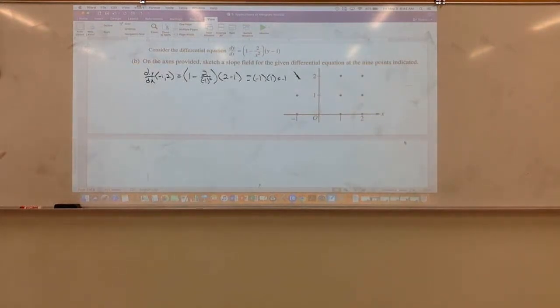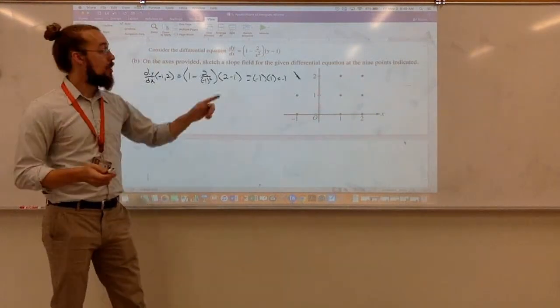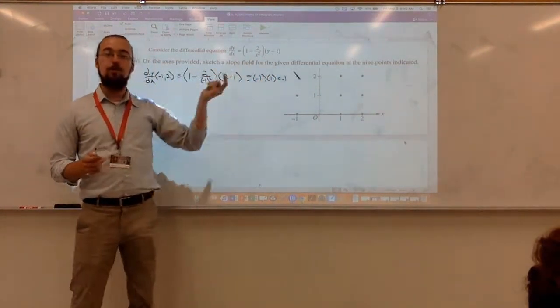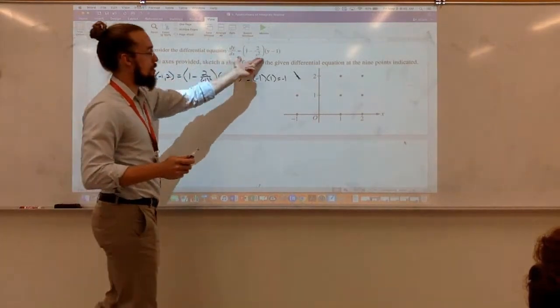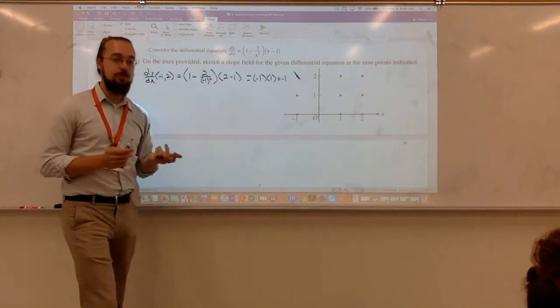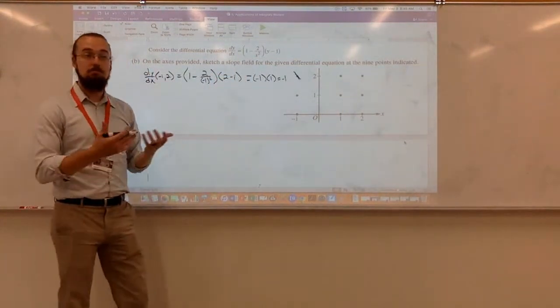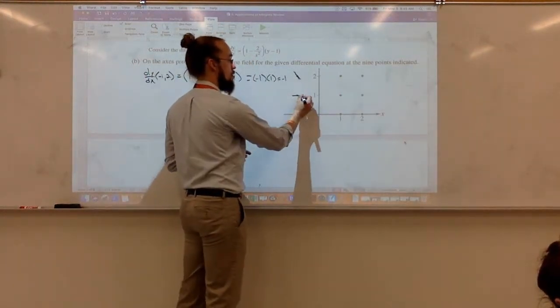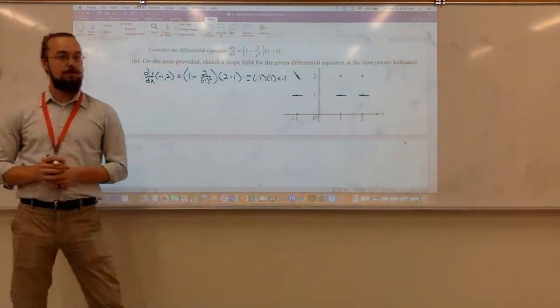One is that I've got y minus 1 as one of my factors. Whenever y equals 1, this will be 0, and 0 times anything is 0. So whenever y equals 1, the slope would be 0. That would be at all 3 of these points.